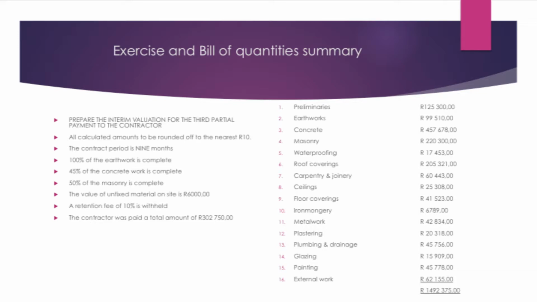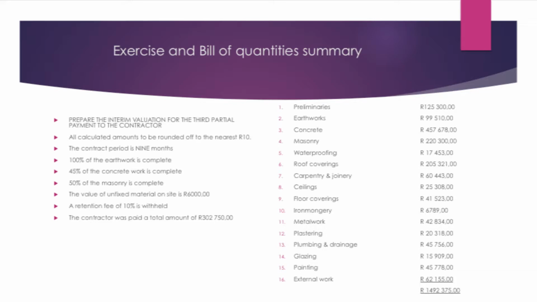We are given the preliminaries with the amount as it has been indicated here. We also have the earthworks, we have the concrete, we have the masonry, waterproofing, roof covering, and so on. You go down with them. There are up to 16 on the list.